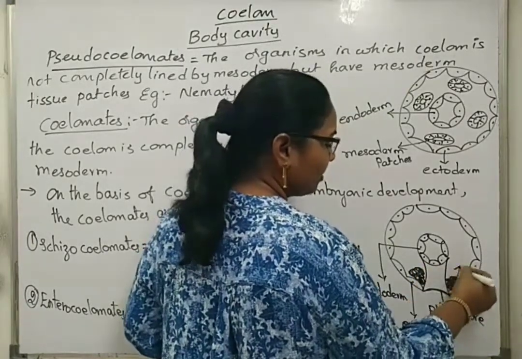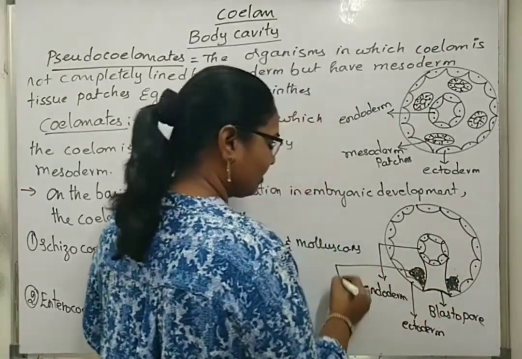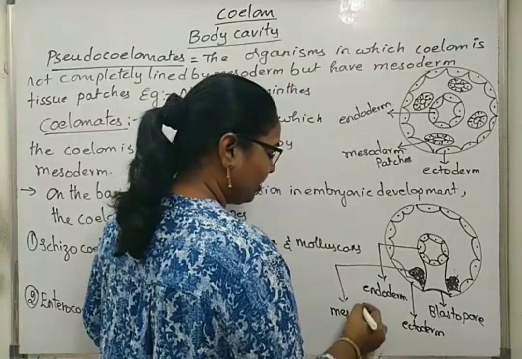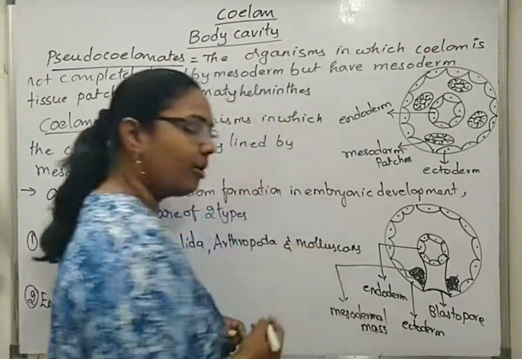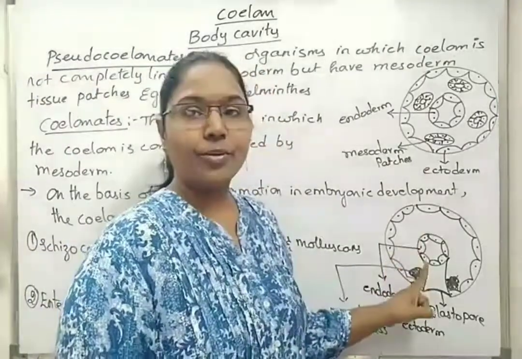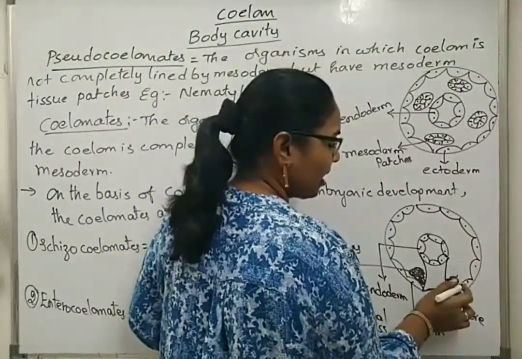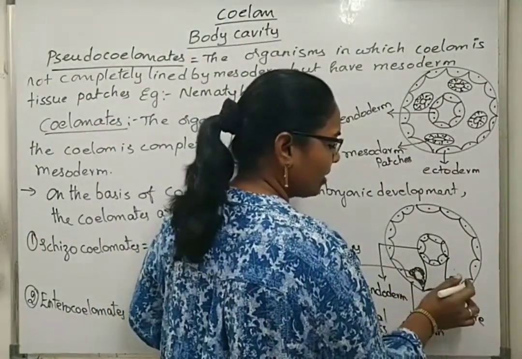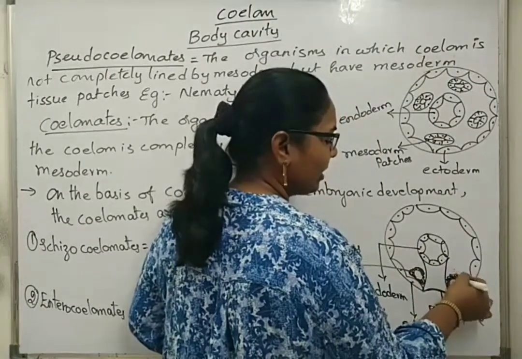So these are mesodermal mass or cells or tissues. Now, these will be responsible for the formation of coelom in the later stages. For suppose, this will start forming a central coelom-like structure and it will increase in size like this.